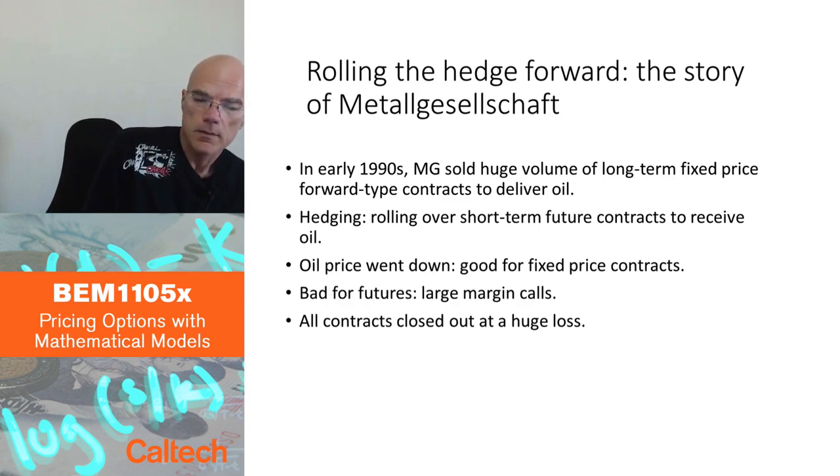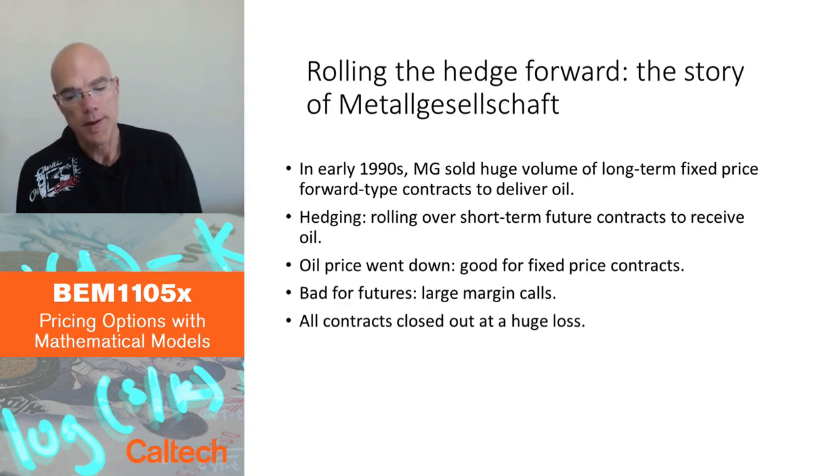But since the hedging strategy is opposite, this was bad for their hedging strategy, and they were receiving large margin calls. They had to pay money to the margin account on the futures exchange simply because the oil price was going down, which means in their futures contract they were losing money. They had to pay to the margin account.